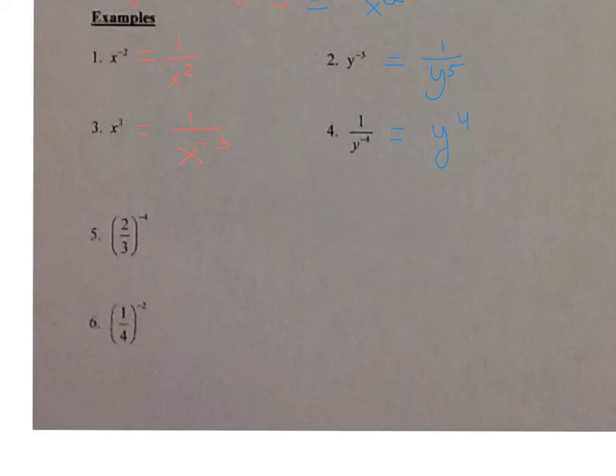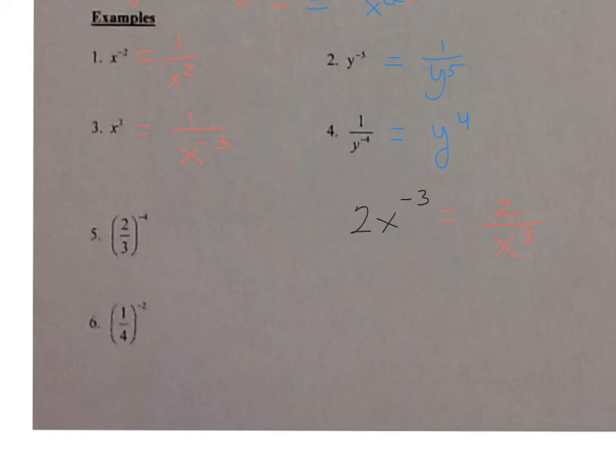So remember, you can move things from numerator to denominator just by changing the sign of the exponent. Oh, and one other thing, just really quick. Let's say you have something like 2x to the, let's say, negative 3rd power. The only thing being raised to the negative 3 power is the x. So this is equivalent to 2 over x to the 3rd power.